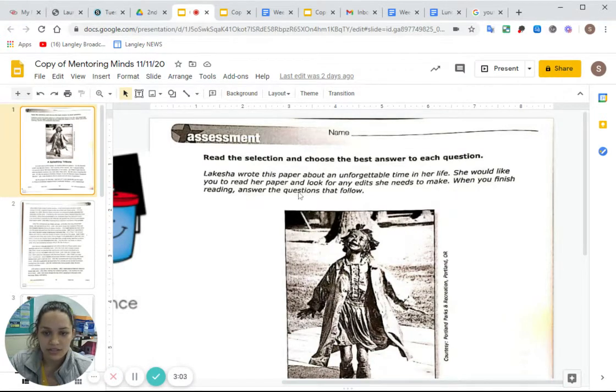When you finish reading, answer the questions that follow. I always tell you that you need to read this top part because it tells you what the paper is about. That can help later if they ask which sentence should be taken out from this paper. You can see which answer choices are focused on what the paper is talking about. She's writing about an unforgettable time in her life, so all of these sentences should relate to that.